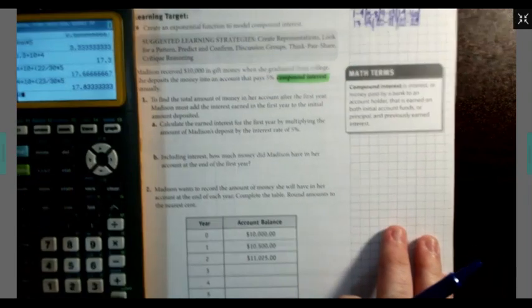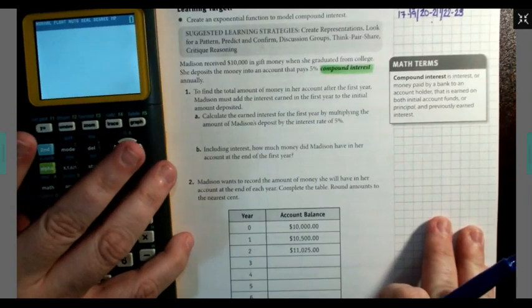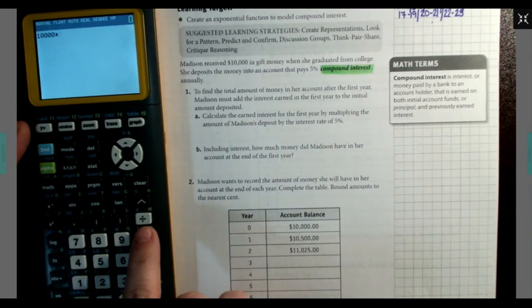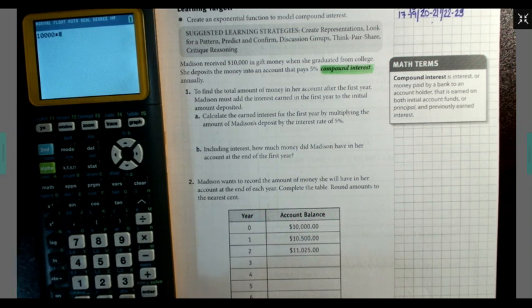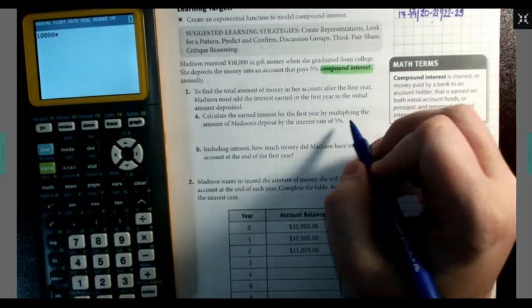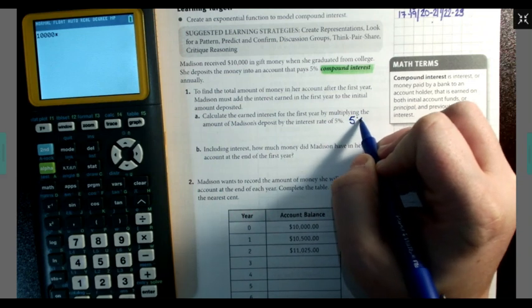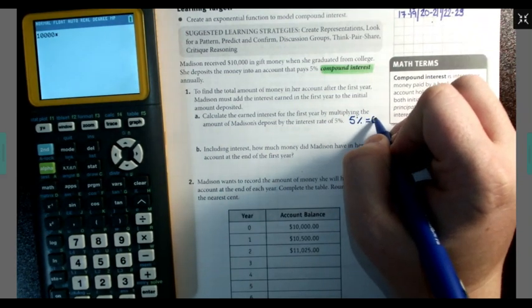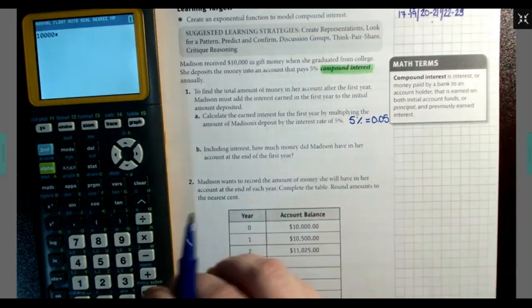So take our money amount, 10,000, and multiply by the interest rate of 5%. Now, 5% interest written in decimal form is the same thing as saying 0.05.